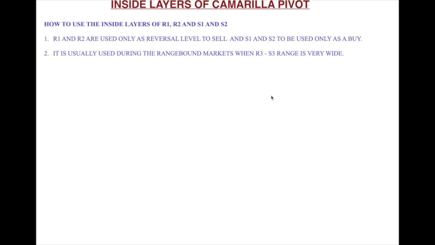But these four pivots come into picture only whenever the indices are in a ranging or a reversal setup, and also when the distance between R3 and S3 is quite wide. Suppose we take the Bank Nifty, if the R3 and S3 difference is around 300 points, you can consider that day is going to be a ranging day, and we can activate R1, R2 and S1, S2 to get a better reversal setup.